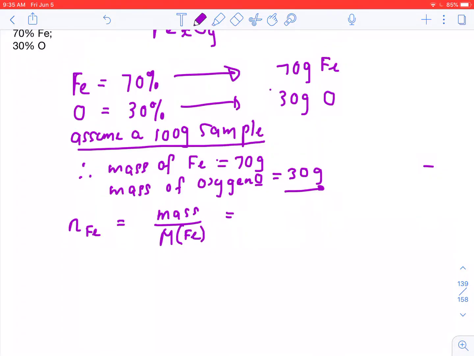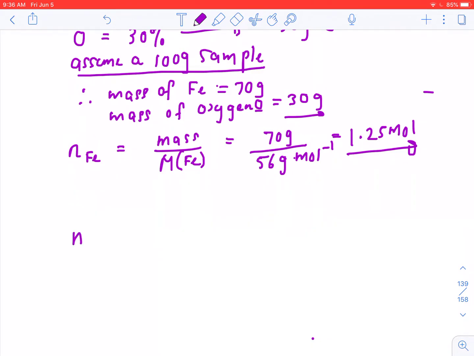The mass we got is 70 grams, all upon the molar mass, which we know is 56 grams per mole, and that gives us 1.25 moles.